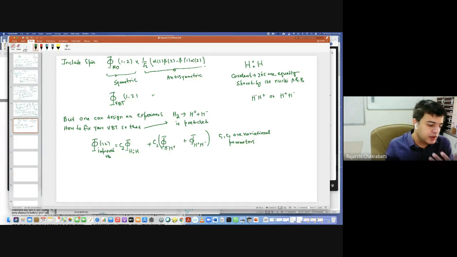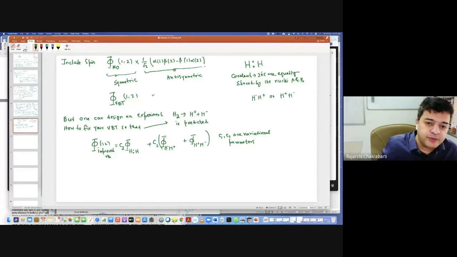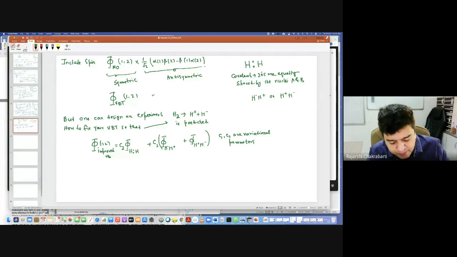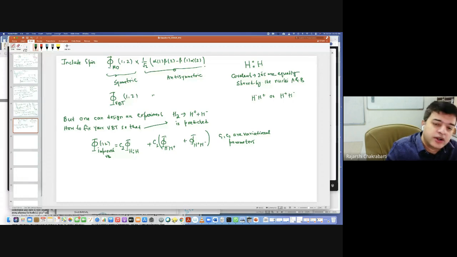This is the improved valence bond description. We will not discuss valence bond further, although valence bond works very nicely with the hydrogen molecule. It is better than the simplest MO description. But if you go to a system where you have many electrons, like 3, 4, 5, whatever, then this valence bond description doesn't really work.